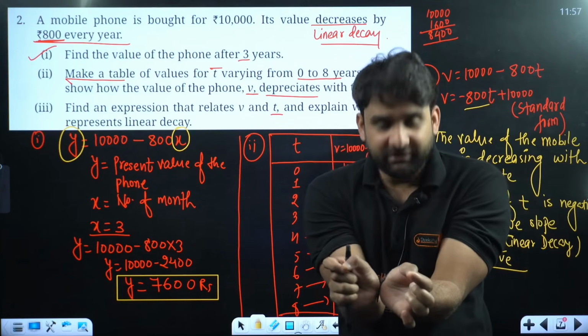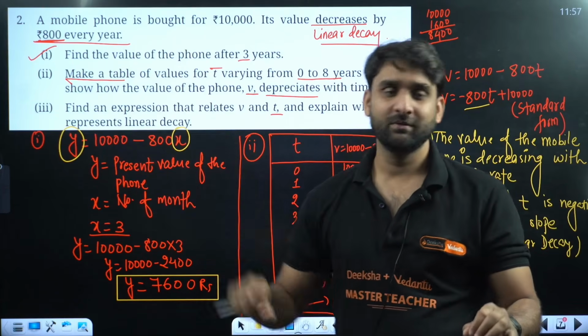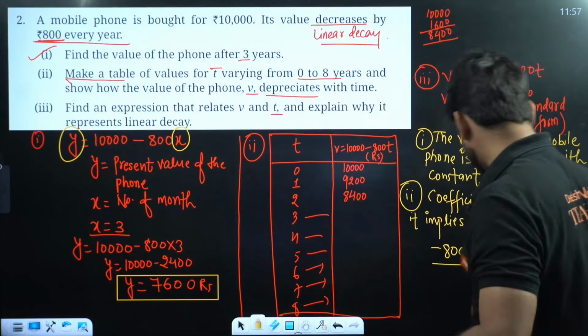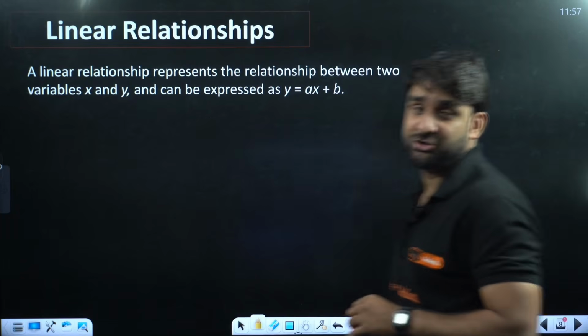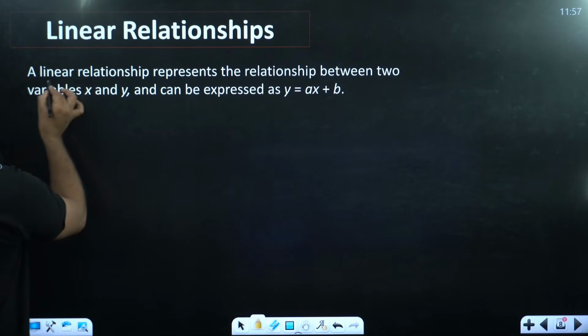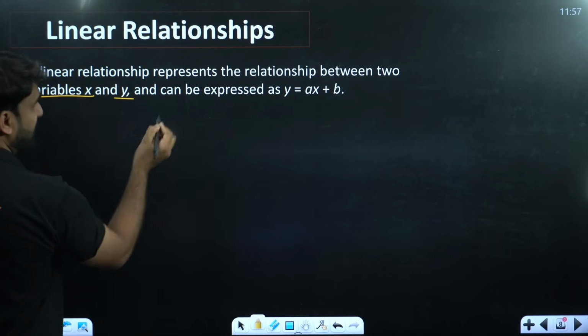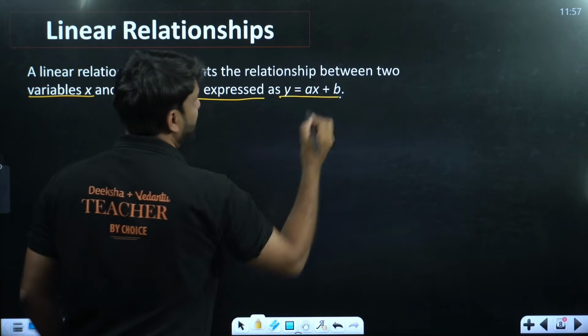Such a relation is called linear relationship. A linear relationship represents the relationship between two variables, x and y, and can be expressed as y is equal to ax plus b.